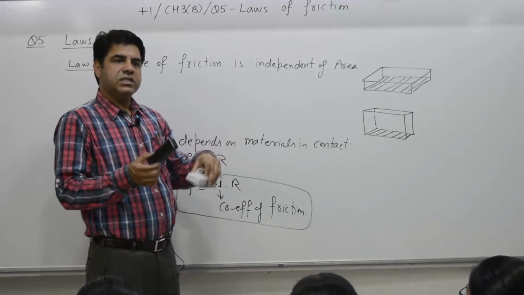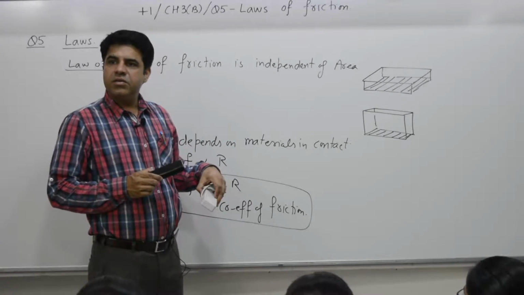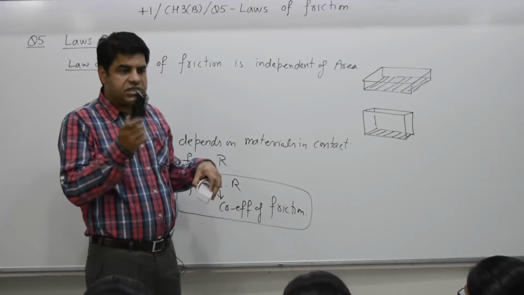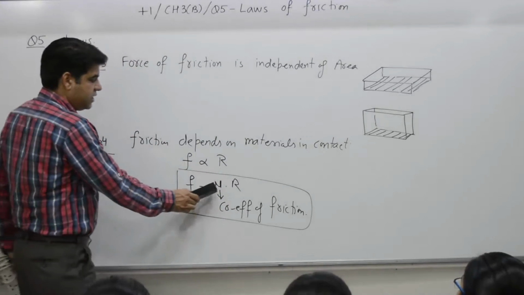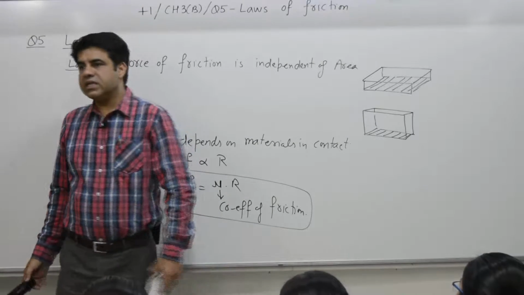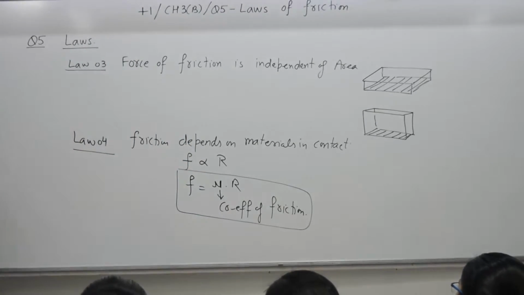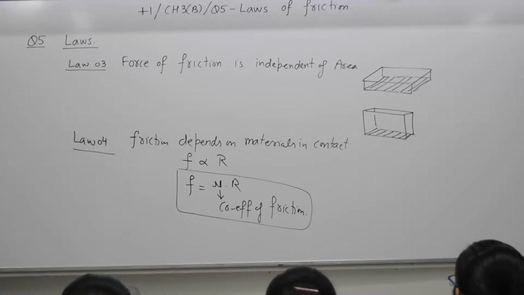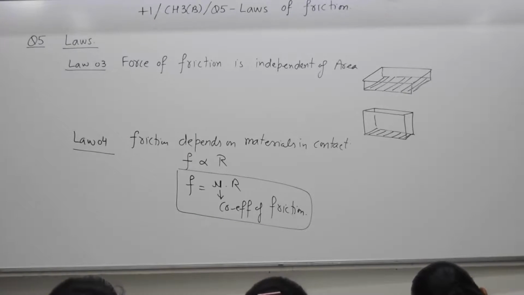That means in the two cases R was same, but materials in contact are different. That is why it depends on what materials in contact. Coefficient of friction, mu. Time with you is 3 minutes. 3 minutes to write.